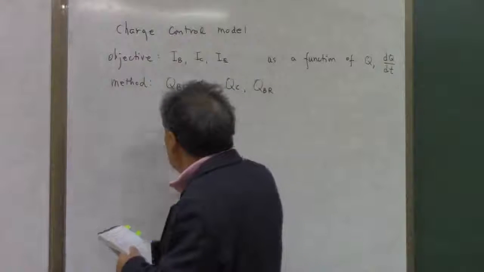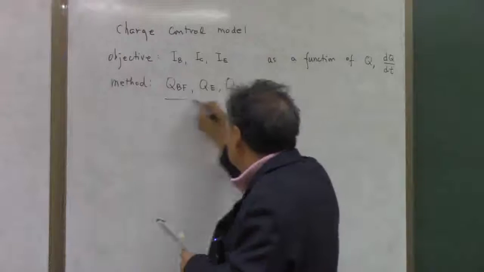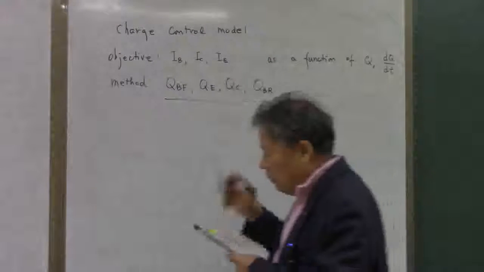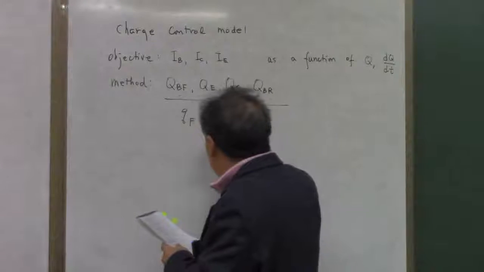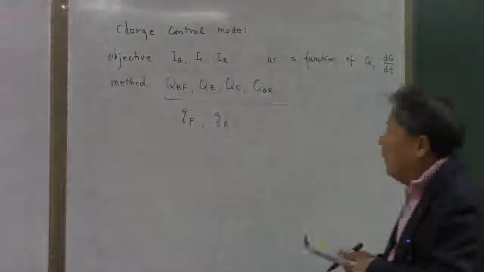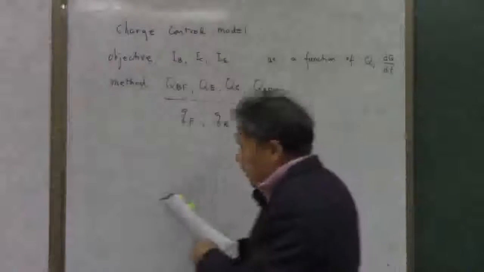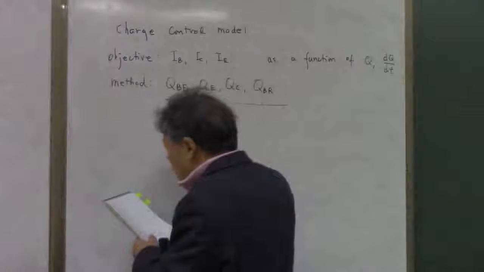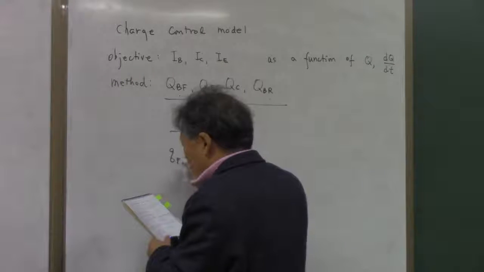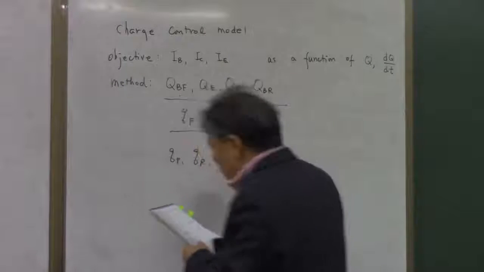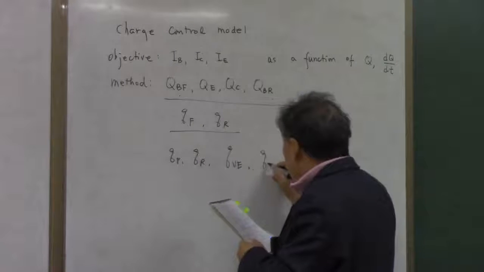And then the next step is we want to express this whole thing in only two terms, QF and QR. And for that, we want to use the approximation for this. And then we are going to use QF and QR in QVE, QVC.